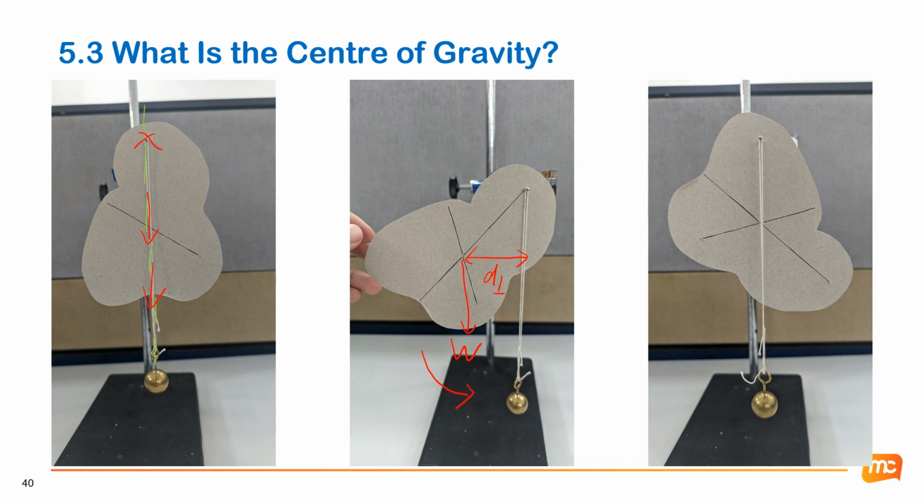Now, finally, you don't need to do this, but just to check that this truly is where the weight is acting from, what we could do is very simply pick another point. So I pick the third point here on my 2D surface. And then on this third point, I repeat the process. If I have found the weight, what it must mean is that the weight must again be directly under the pivot.